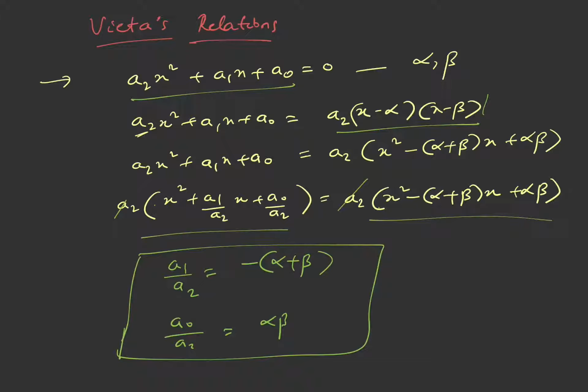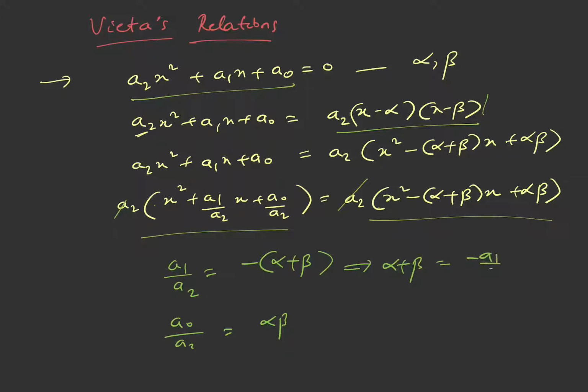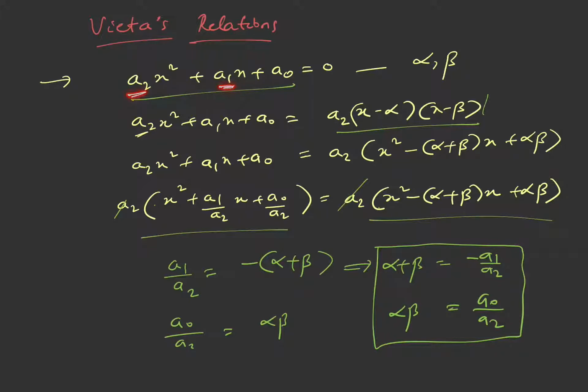The sum of roots alpha plus beta is minus a1 by a2, and the product of roots is a0 by a2.